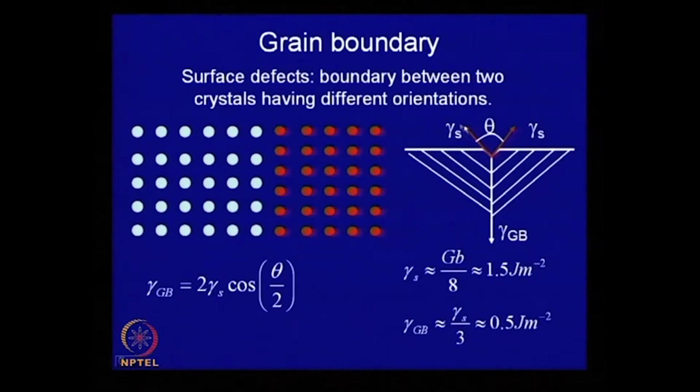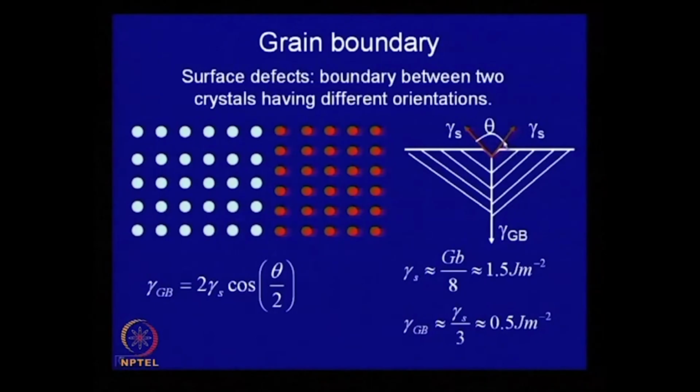There have been some attempts to measure that. This gamma, we can get a very rough estimate of gamma from the strength of the material, and so suppose this is known. Now, what happens if you resolve this stress here?